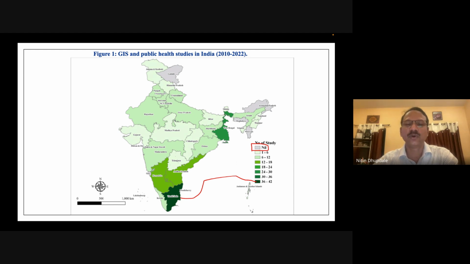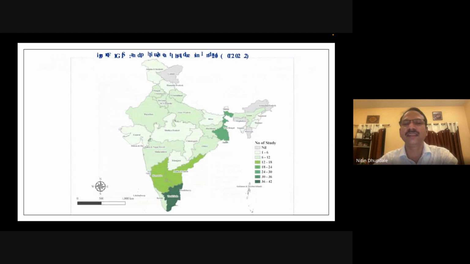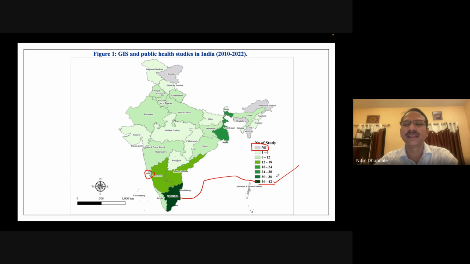But in Goa, it says nil, but actually there was one study which was done. So from this image you can see that there is a lot of scope for doing many more studies. Tamil Nadu is leading, and West Bengal is second. Third are Karnataka, Andhra Pradesh, and then followed by others.